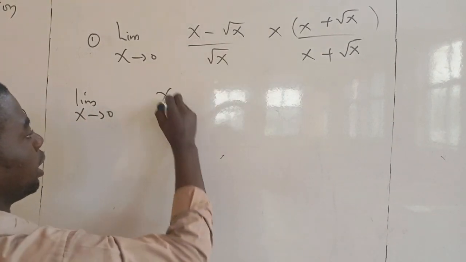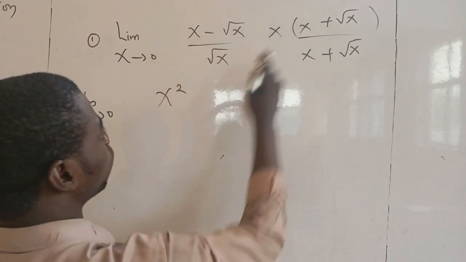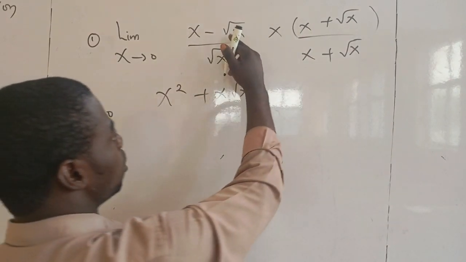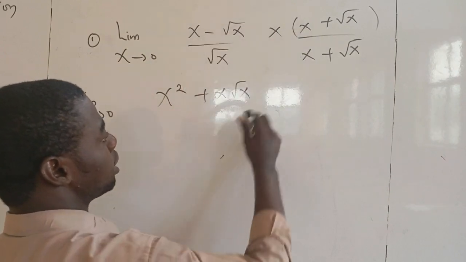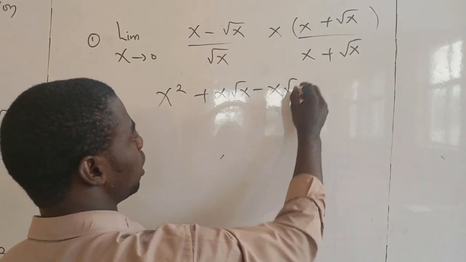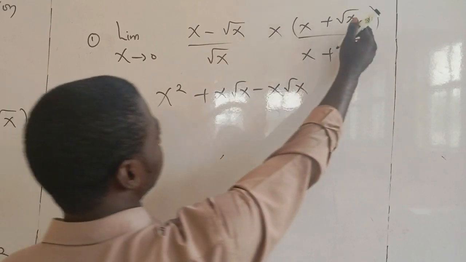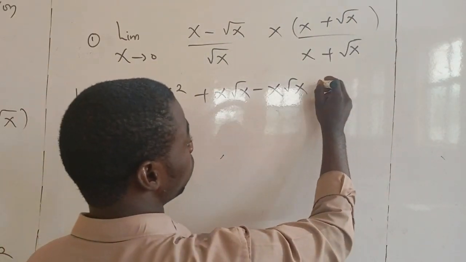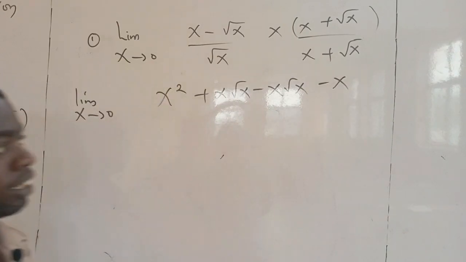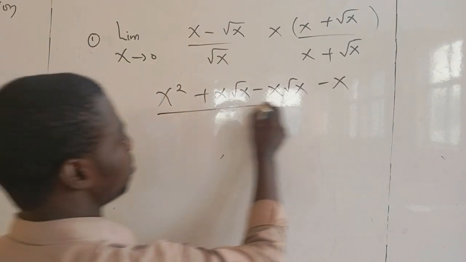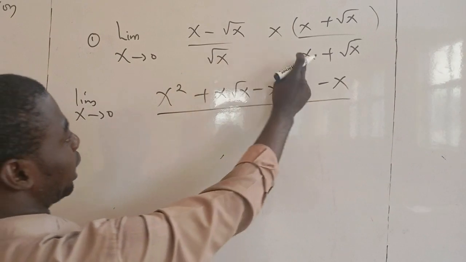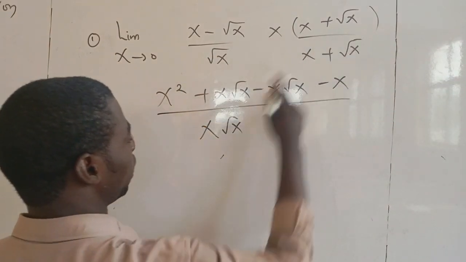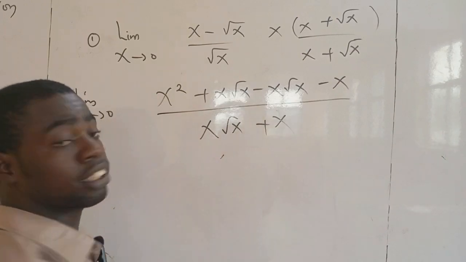x times x is x squared. x times root x is plus x root x. Root x times x is minus x root x. Root x times root x gives us minus x, divided by root x times x, which is x root x, and root x times root x is x.